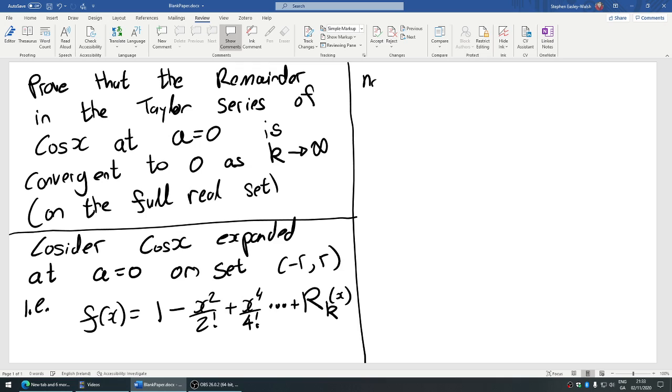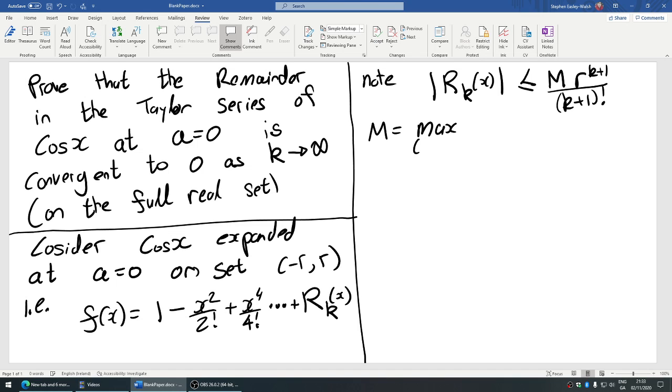Now, note that for Taylor, there's a bound on the remainder, that it will always be less than or equal to M times R power k plus 1 over k plus 1 factorial, where M is the maximum on the set minus R to R of the k plus 1 derivative of our function.